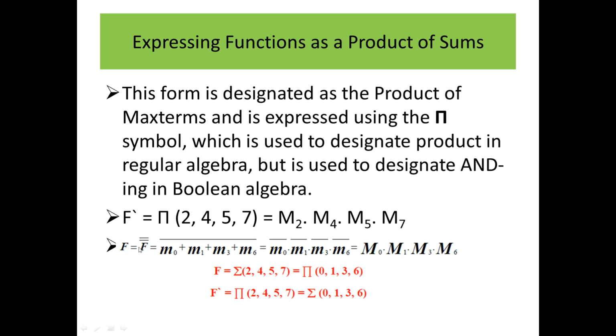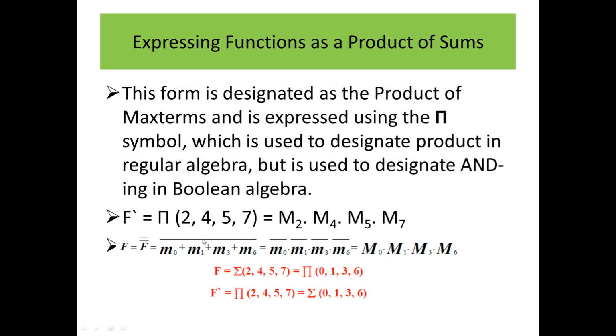So f is equal to f double bar. If I break this, f double bar is nothing but equal to f. So (m0 plus m1 plus m3 plus m6) whole bar will be equal to m0 bar into m1 bar into m3 bar into m6 bar.